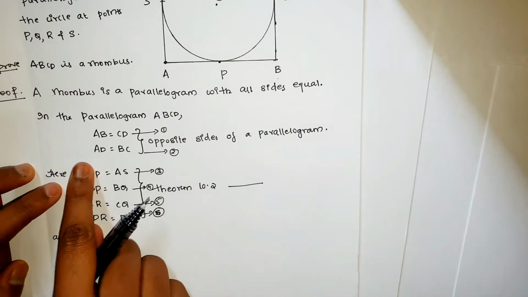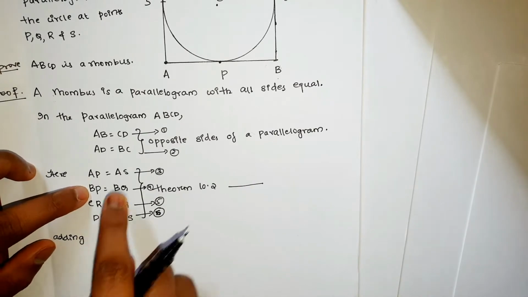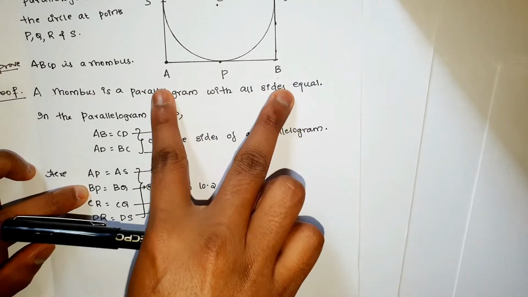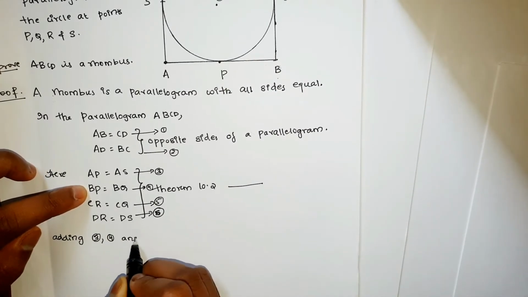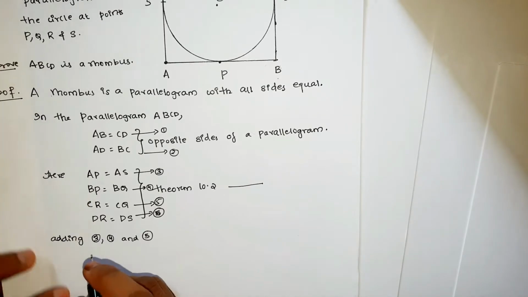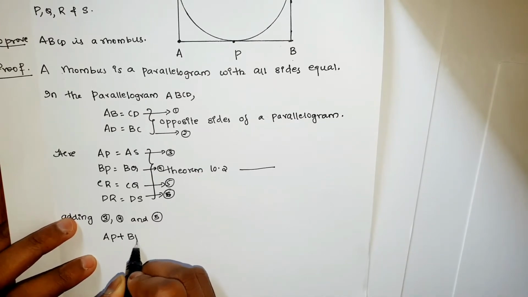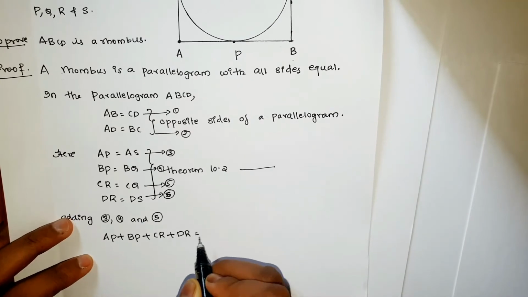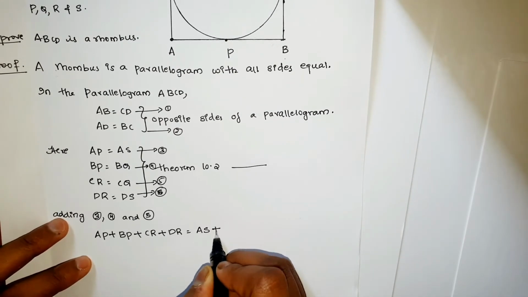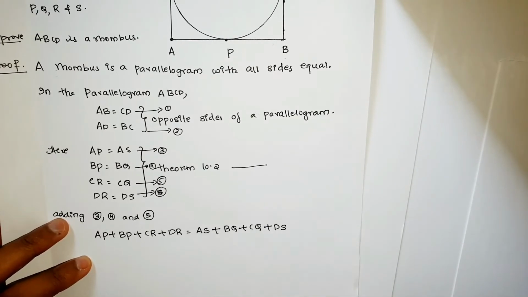Okay, if you are adding all the values in the left hand side, AP plus BP, then we get AB. Okay, so we are adding 3, 4 and 5. So AP plus BP plus CR plus DR is equal to AS plus BQ plus CQ plus DS.